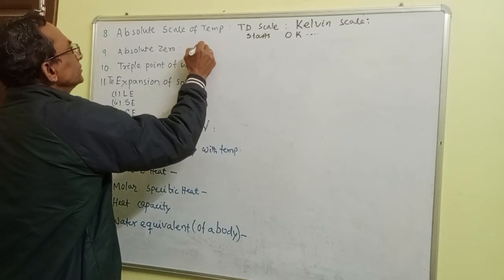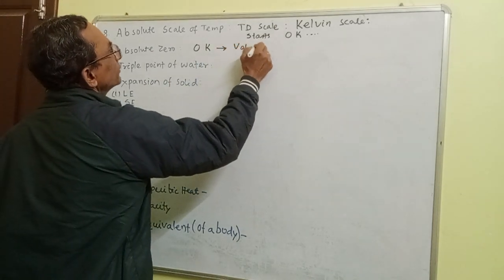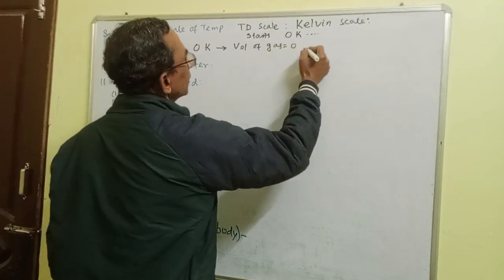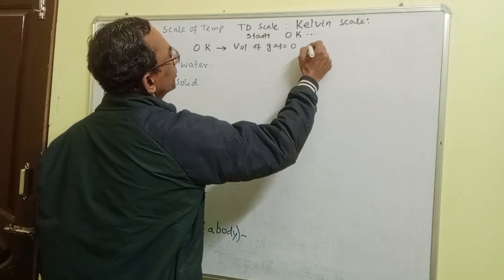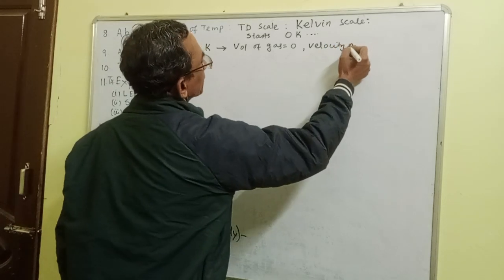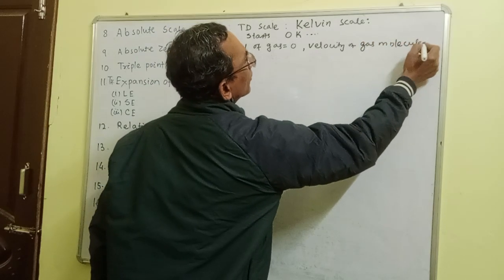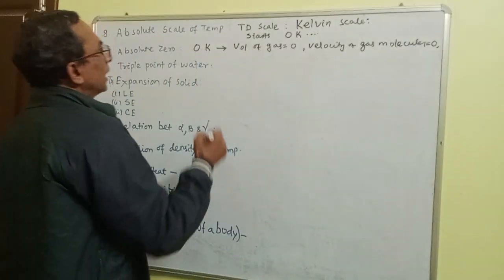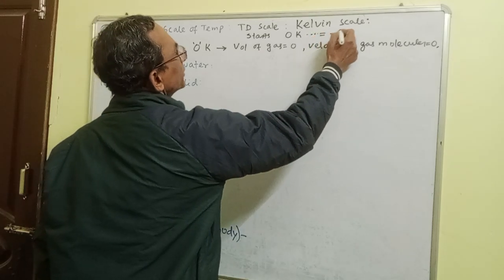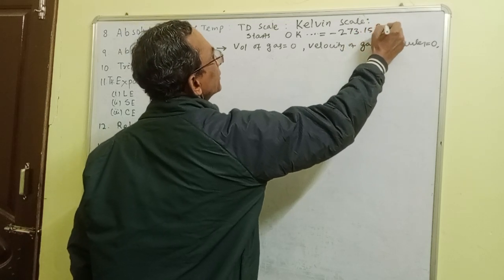At this temperature, the volume of gas becomes 0. Motion of molecules of gas becomes 0, or the speed or velocity of gas molecules becomes 0. This is equivalent to minus 273.15 degree Celsius.